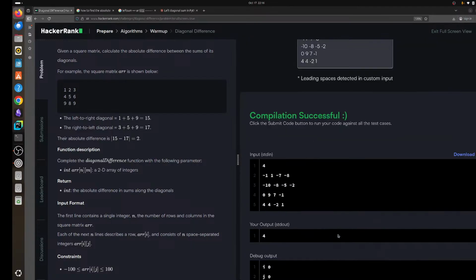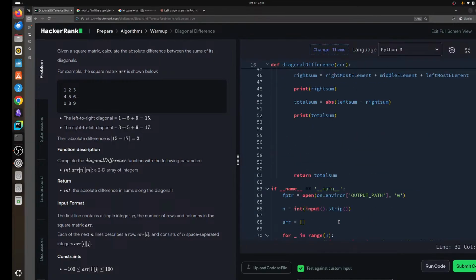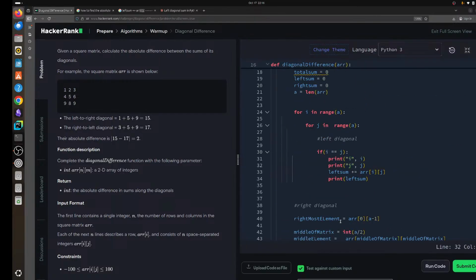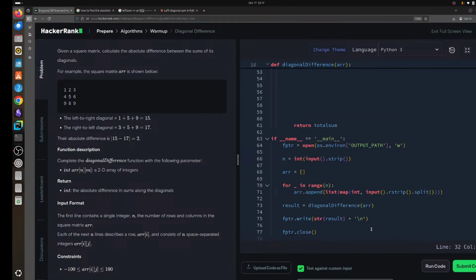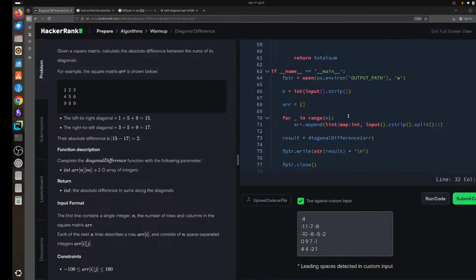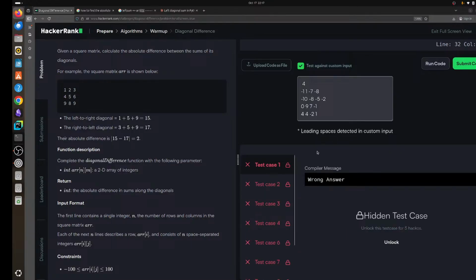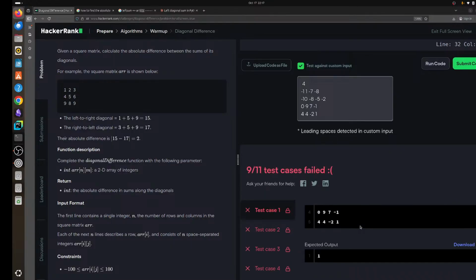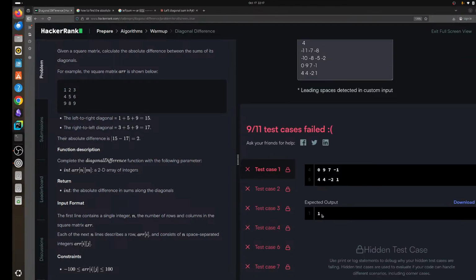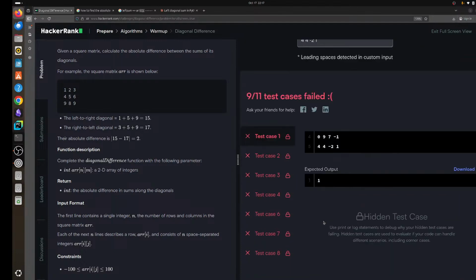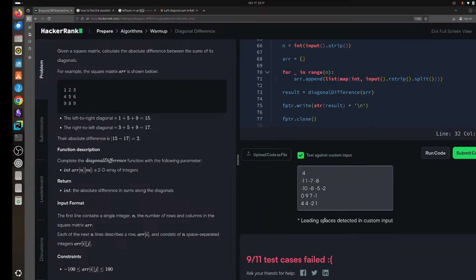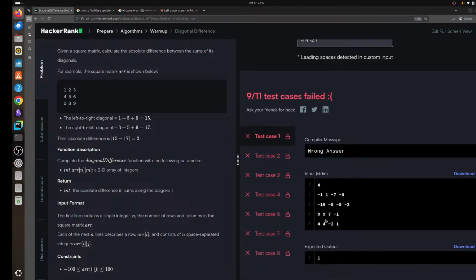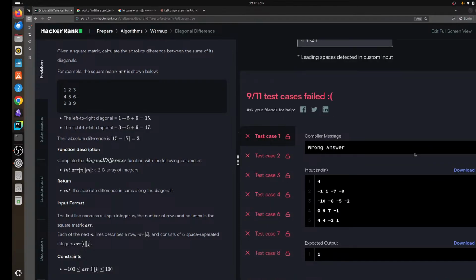Got it, got it, got it. That was right. Let's go, we don't know why I'm getting this. Now submit this code. Expected output is 1.